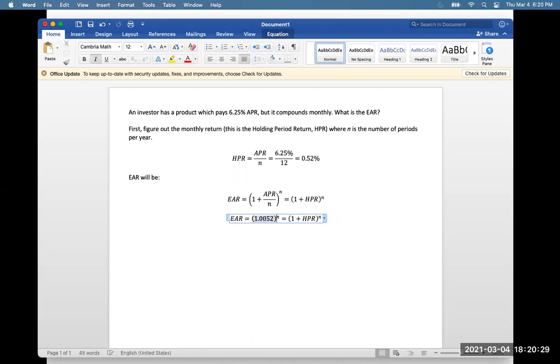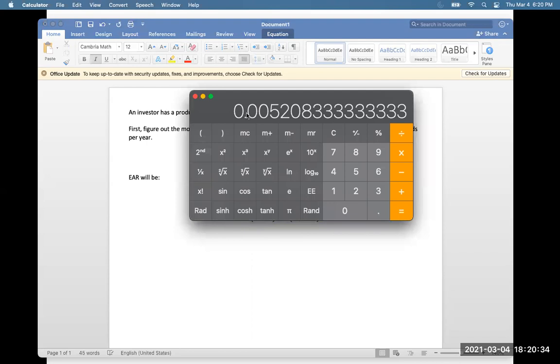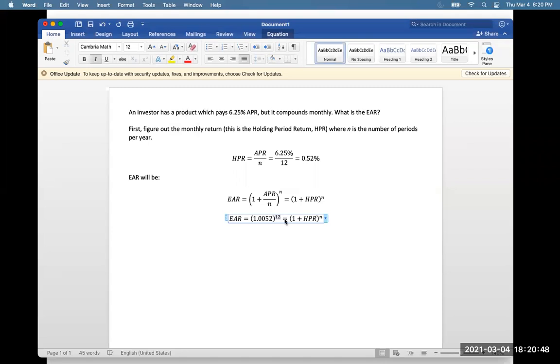So I go back over here. 0.0052, that's the decimal holding period return for 1 month, plus 1, raise it to the power 12. Sorry, I forgot to subtract 1. I'm so sorry.